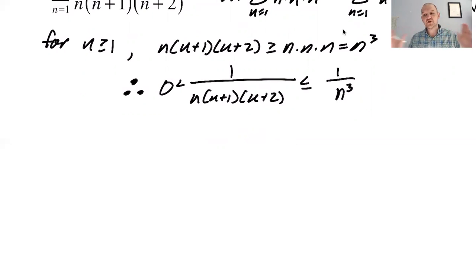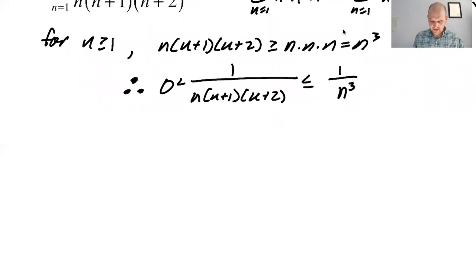So now we're trapped, right? You're trapped between 0 and 1 over n cubed. 1 over n cubed converges.